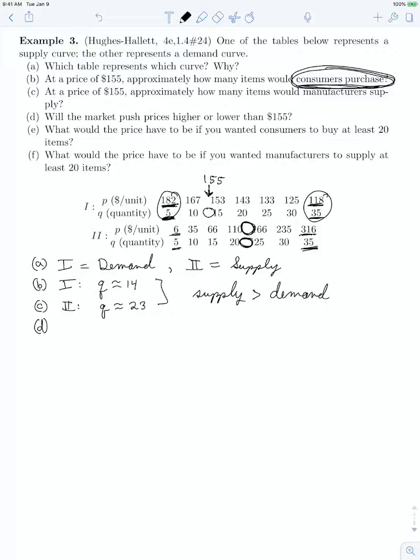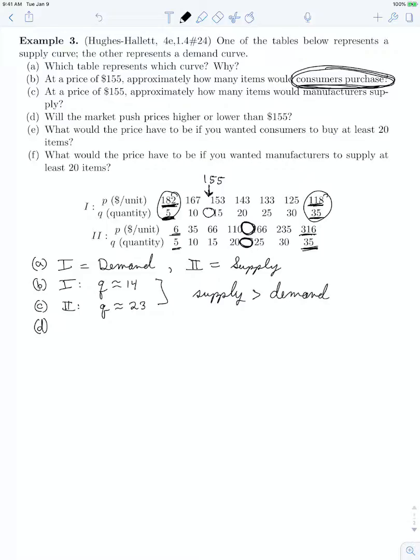What does a bakery do if they made too much bread one day? Or what does a clothing store do if they have too many pairs of pants and not enough people are buying them? They have a sale. What is a sale? It means that they lower the price. So in this case, at 155, there's too many things, and it will tend to push the price lower.